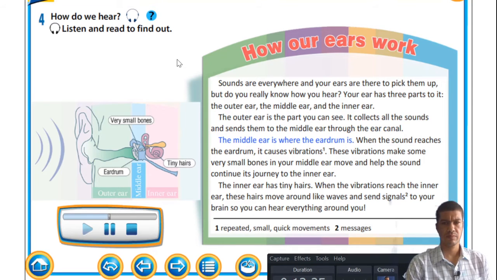The middle ear is where the eardrum is. When the sound reaches the eardrum, it causes vibrations. These vibrations make some very small bones in your middle ear move and help the sound continue its journey to the inner ear. The inner ear has tiny hairs. When the vibrations reach the inner ear, these hairs move around like waves and send signals to your brain so you can hear everything around you.